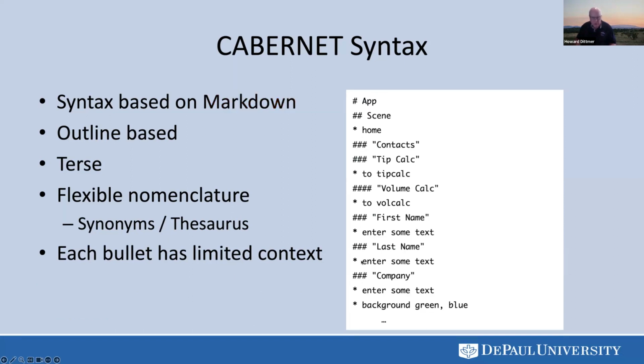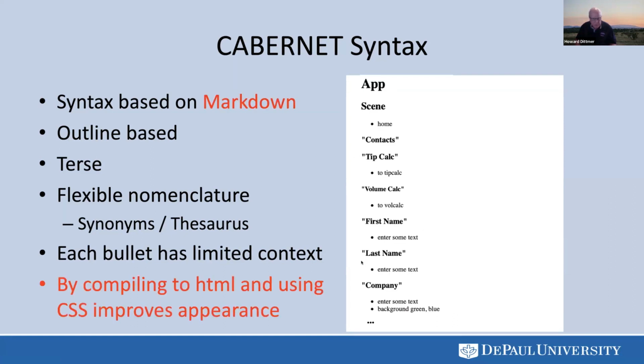So you have the Markdown-based text here, which is somewhat confusing perhaps with all the code and symbols, but if you compile it back to HTML and use a cascading style sheet, you can make it very visually attractive.